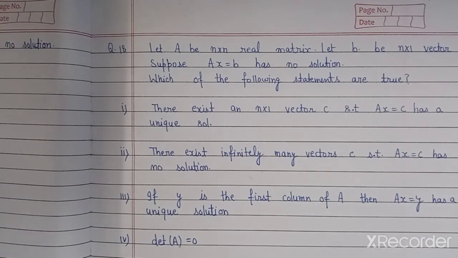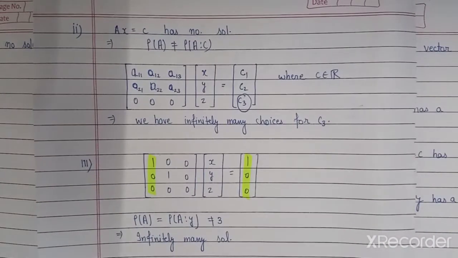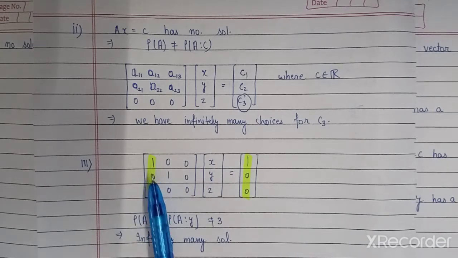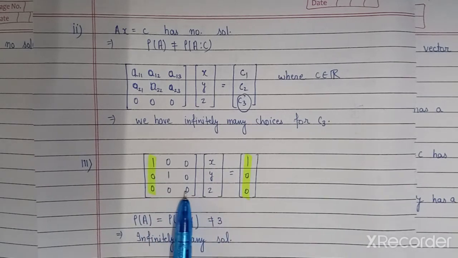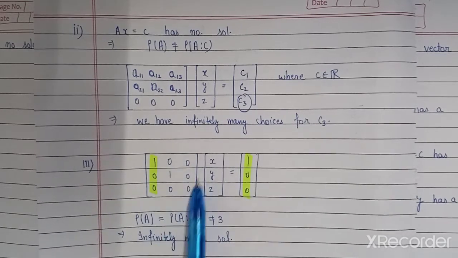In option third, if y is the first column of A, then Ax = y has a unique solution. I discard this option by taking a counterexample. Since we know that rank of A is strictly less than n, I take n = 3, so I take this matrix.